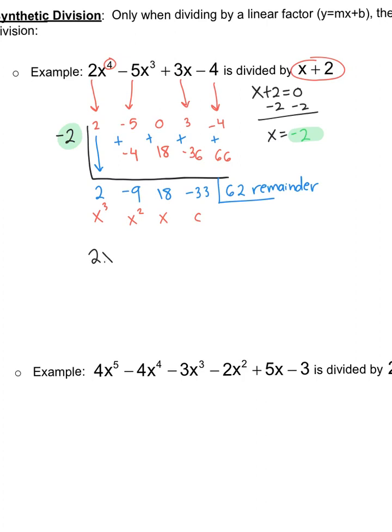So my answer would be like this. And then the way that you might write your remainder is you add the remainder number divided by whatever you divided by here. So you have x plus 2. And that would be your answer.